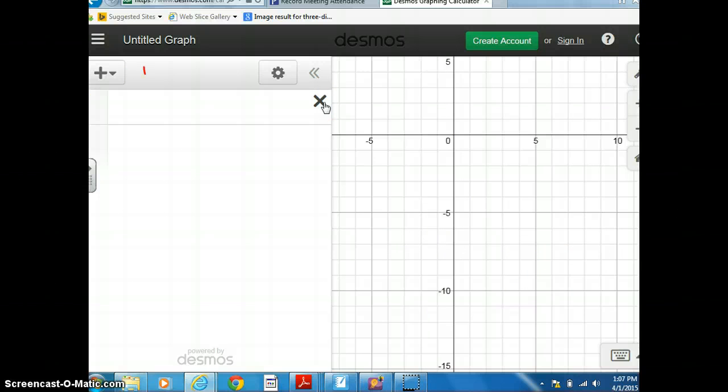Okay, 14. Let's graph it again. We want to locate and classify the extrema of the graph. That's like our maximums and minimums.